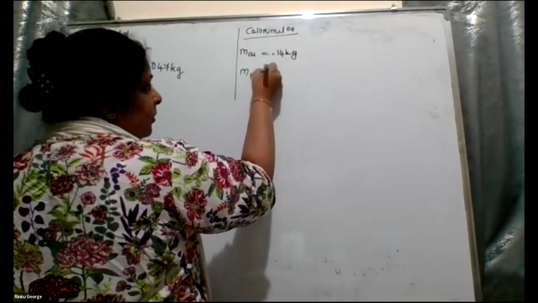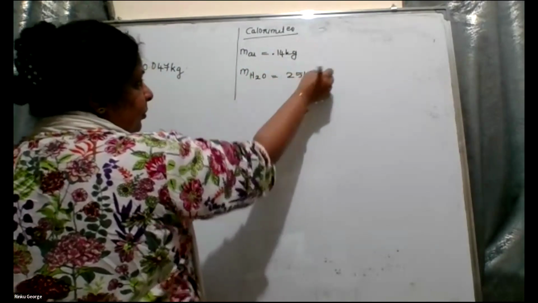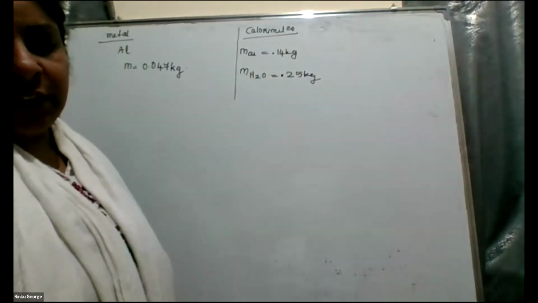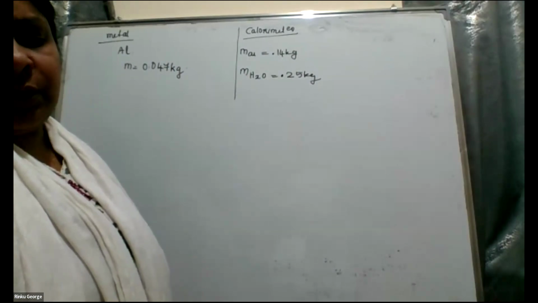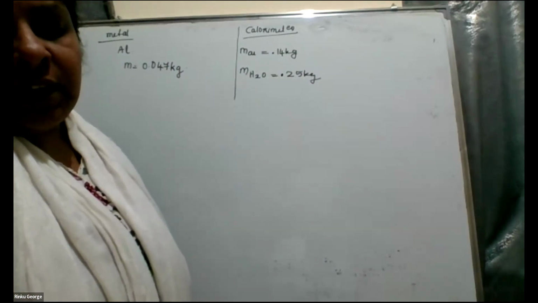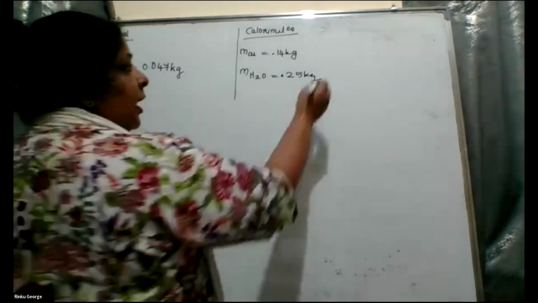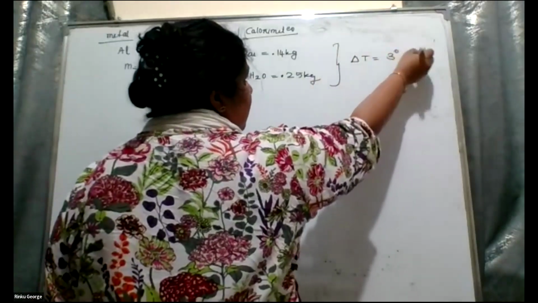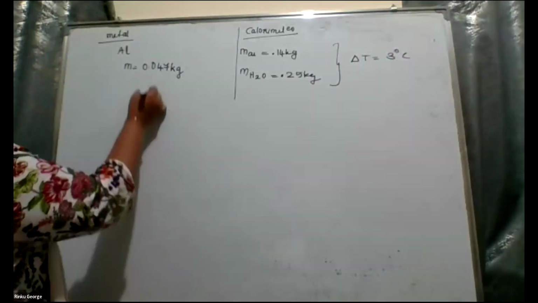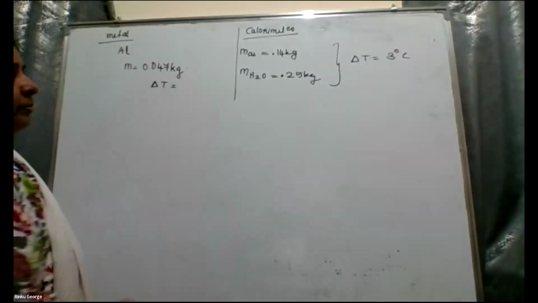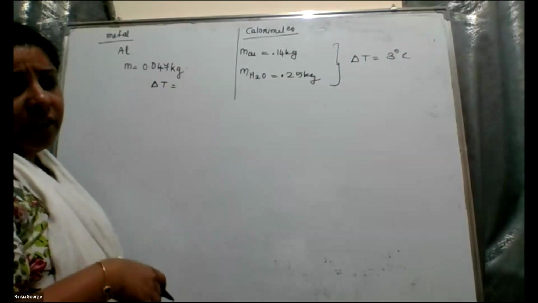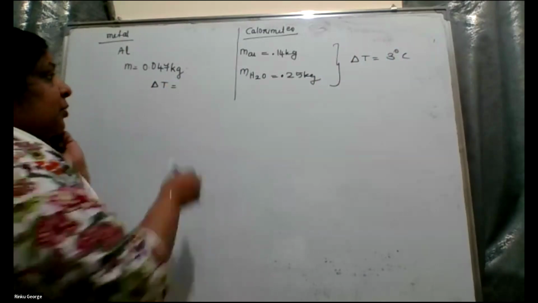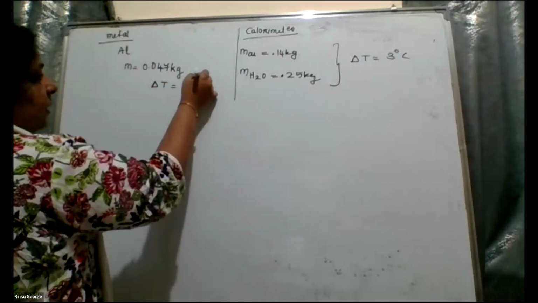Mass of water is 0.25 kg, kept at a temperature of 20 degrees. The temperature of water rises. So here delta T for both the copper and water will be 23 minus 20, 3 degrees Celsius. For the aluminum, the change in temperature: from 100 it becomes 23. 100 minus 23, 77. So delta T will be 77 degrees.